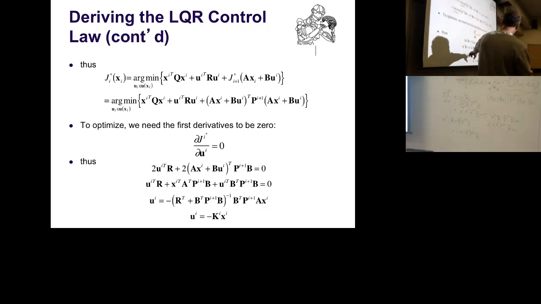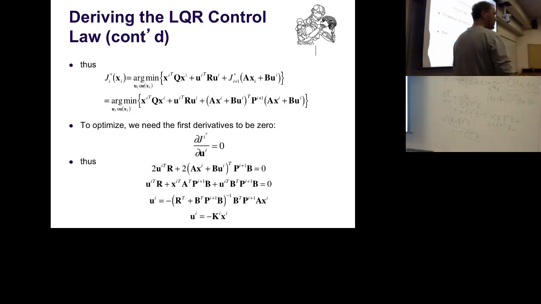And you get that you have to invert this big matrix, R plus B transpose Pi plus 1 B, and you have these terms left, which are here. Just the sequence has changed because I took the transpose. It's B transpose Pi plus 1 A, and then there's xi. Cool. Now, I call everything which is multiplying xi simply a gain matrix Ki. Since that's what it is, it's just a bunch of matrices multiplied with each other. It's not a big deal.